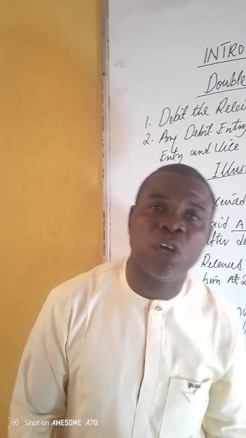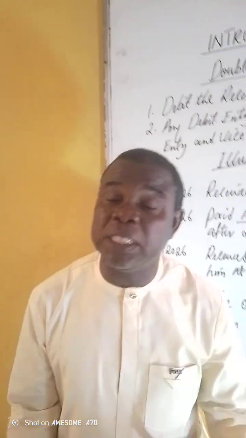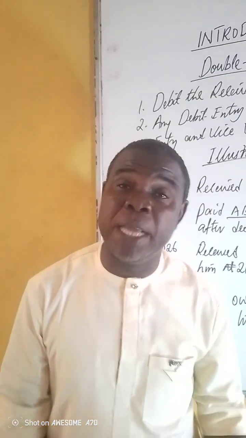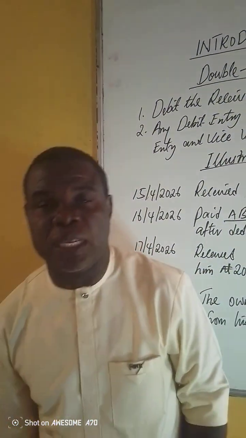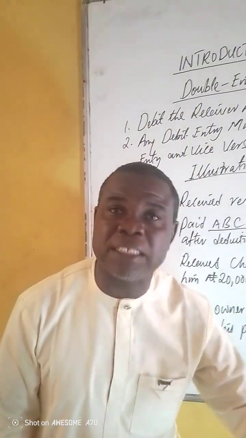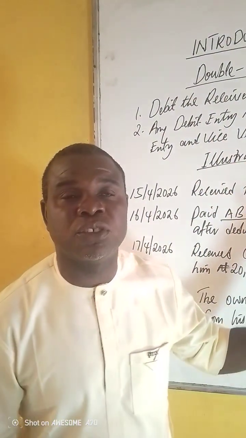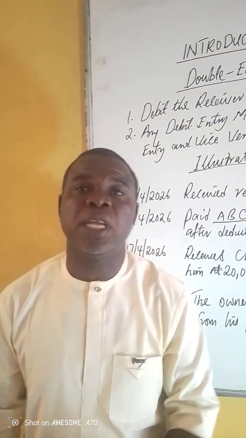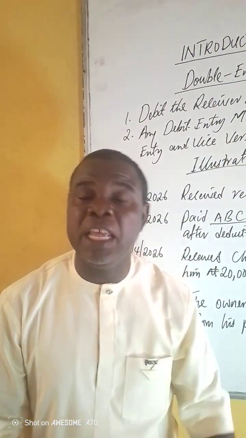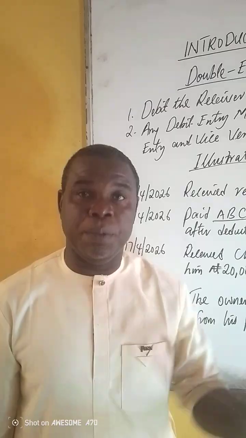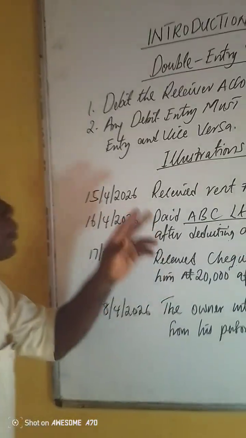Cash might not be mentioned, but it is still cash, because if wages is paid and cash is not mentioned, it still means by cash. So sales, 9,000. Cash is not mentioned, but the sales is by cash. So with this type of transaction, anytime cash is not mentioned and the transaction amount is mentioned, most likely it is cash. If it is by bank, cheque or bank will be mentioned. So take note. Let's continue.